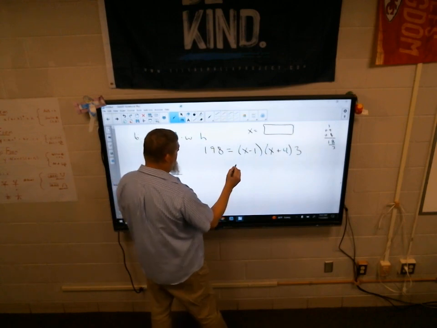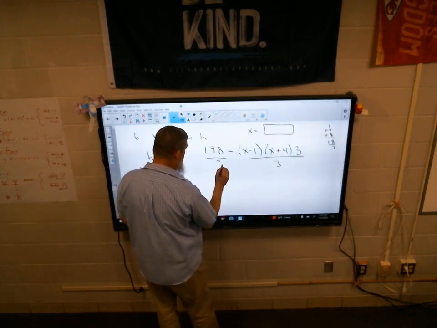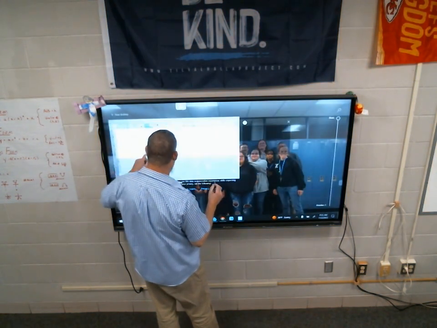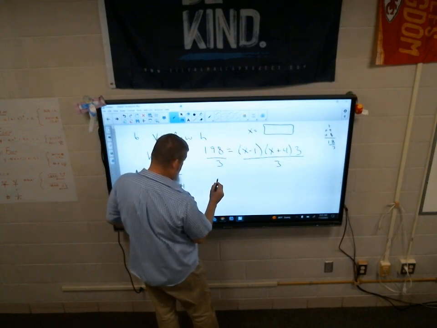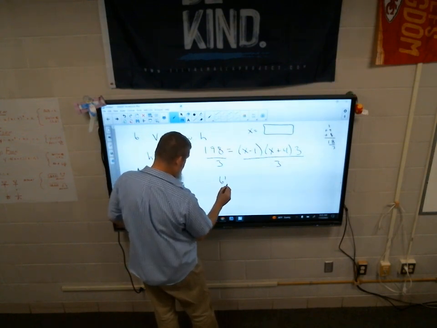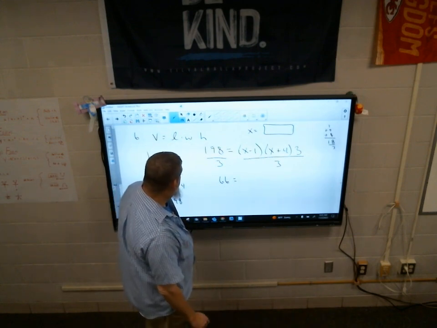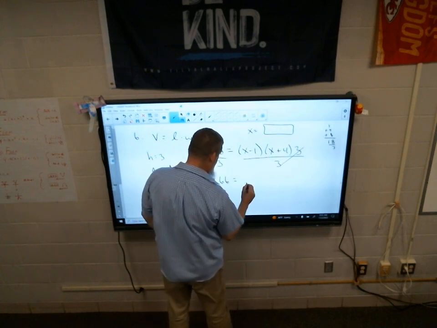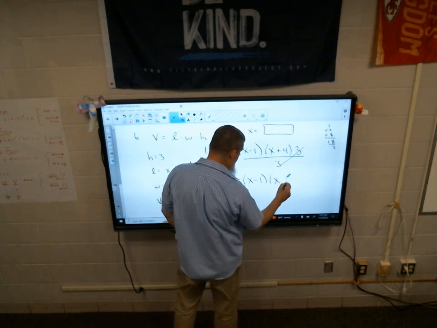So I can divide both sides by 3. Okay, so then I'm going to get, 198 divided by 3 gives us 66, I do believe, I hope. So then the 3's cancel, so 66 equals x minus 1 times x plus 4.